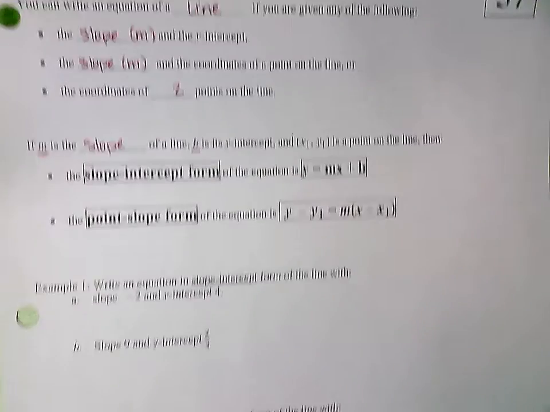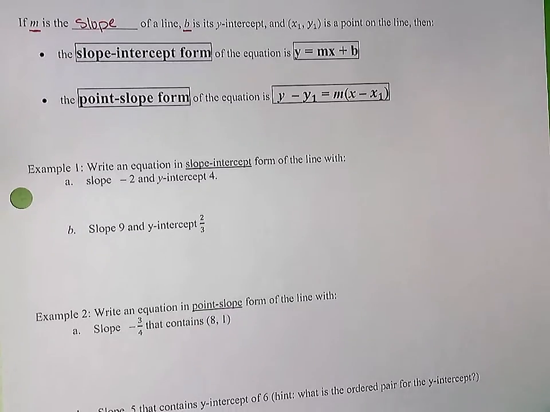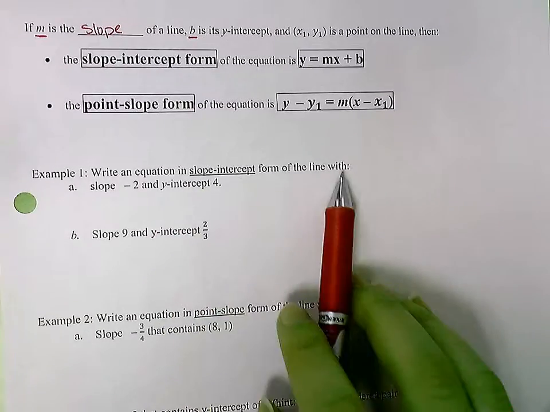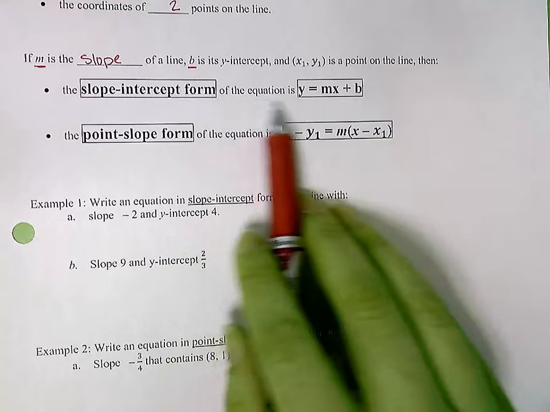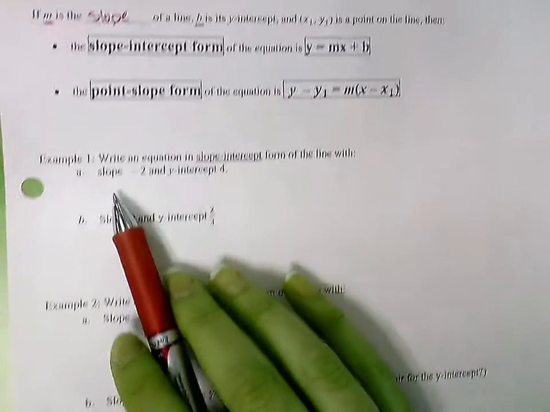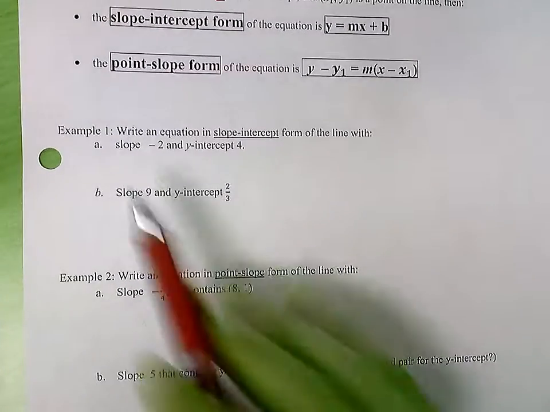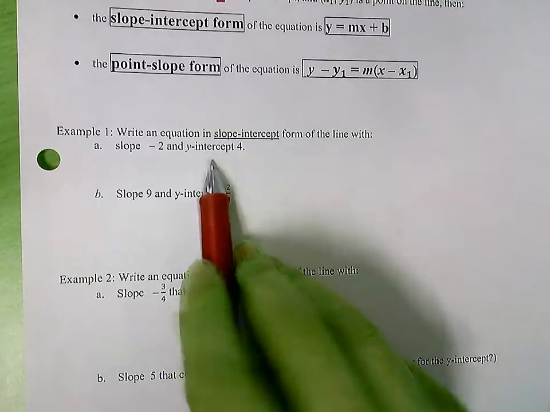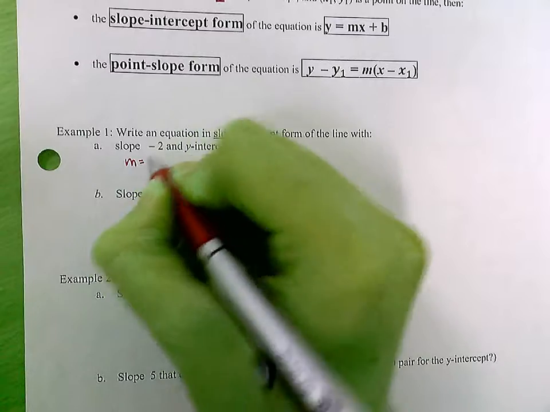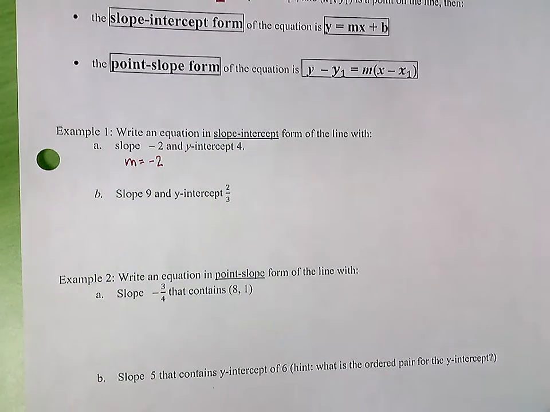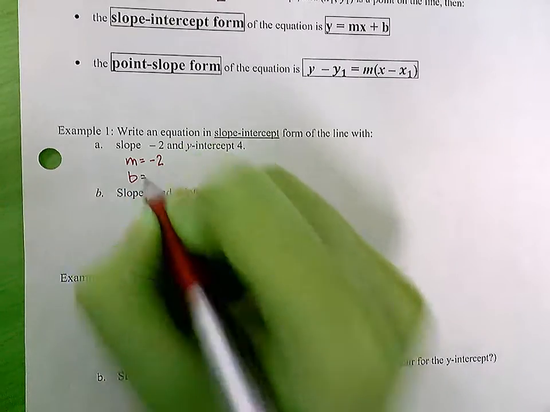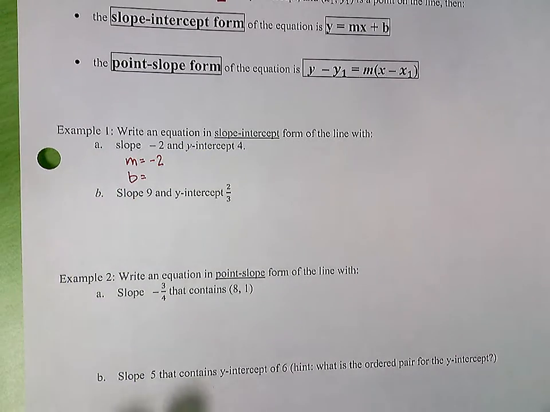All right, so going through an example, we want to write an equation in slope-intercept form. So we're using this one right here, y equals mx plus b. In this first one, we're given a slope of -2 and a y-intercept of 4. So m is our slope, that's -2. Y-intercept is our b value in that form.